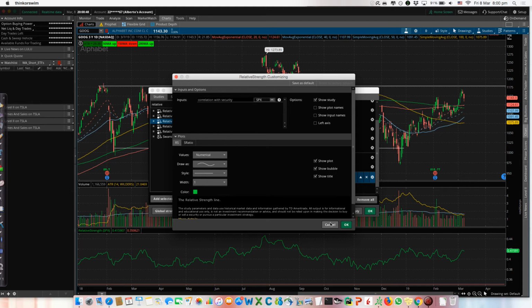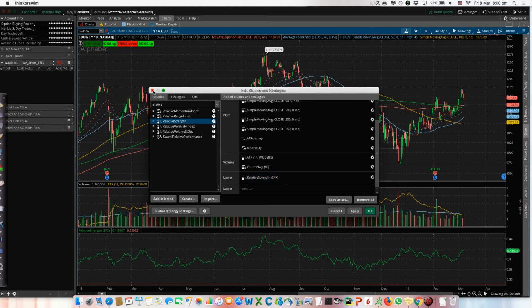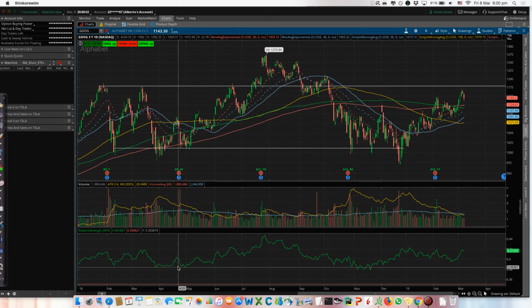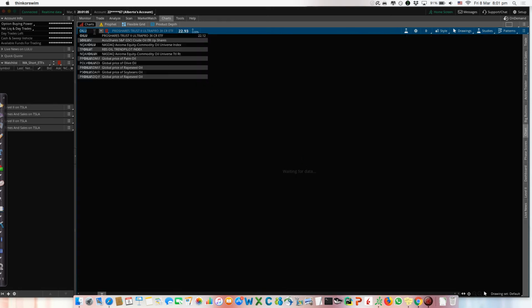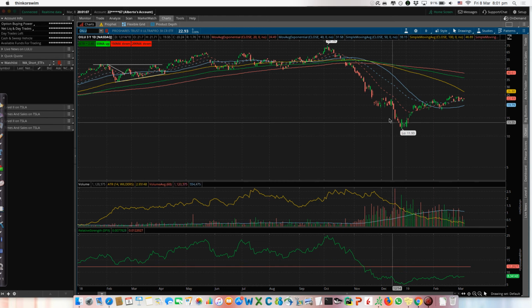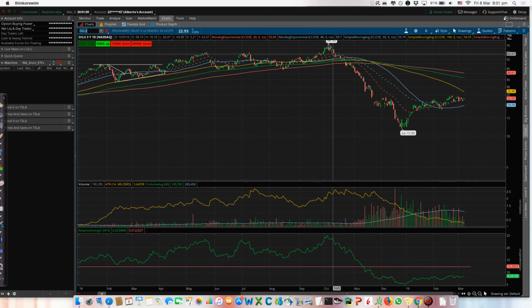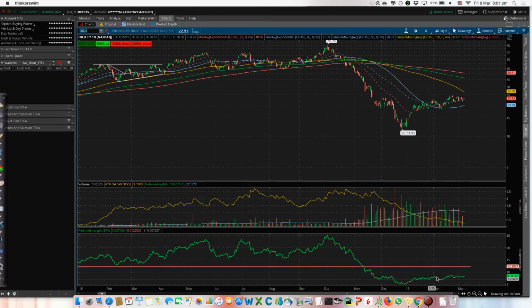So we keep this SPX, and this is an example of Google. It seems that Google is doing better than the S&P 500, but just to show you, oil is not doing well recently, and as you can see from here, it started a big drop and is worse than the S&P because this line is below the red.